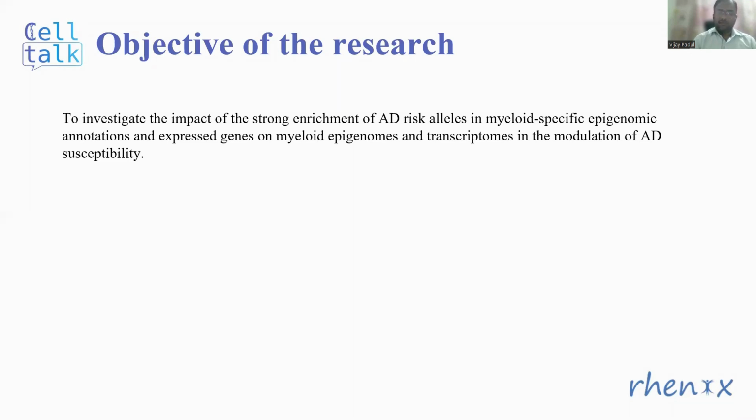They see the enrichment of Alzheimer's disease risk alleles in the myeloid-specific epigenomic annotations, that means promoters and enhancers that are active in myeloid cells, as there has been an implication of myeloid cells in the development of Alzheimer's disease.